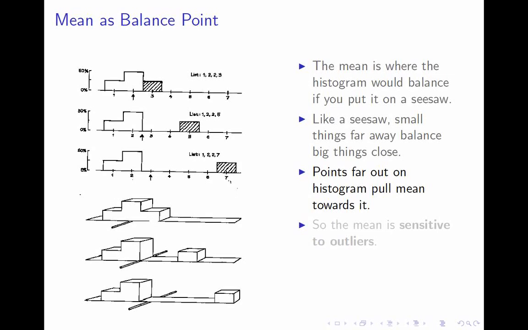And notice in particular that the mean in the third example really isn't a very typical value, right? 3 is not where most of the data is. It's not where any of the data is. So the effect of that extreme outlier, we call it, is that it pulled the mean towards it arguably unreasonably far. So in the presence of the outlier, that mean doesn't give you a very good picture of the data.